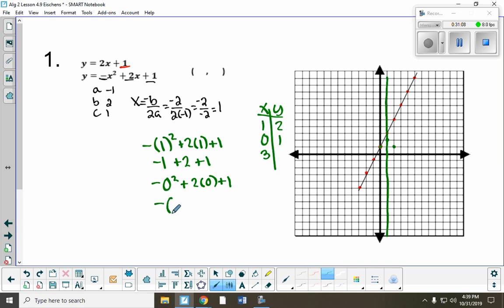So negative, and we'll put 3 in parentheses. So that's negative 9 plus 6 plus 1. So that's negative 3 plus 1, that would give you negative 2. So if I go over 3, I'm down 2. So this one looks like this. So the point of intersection is just this point right here. It's at 0, 1.